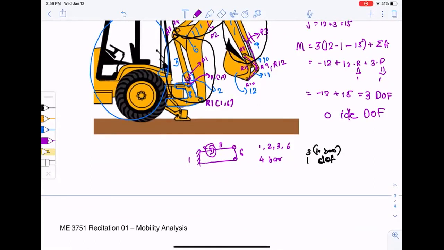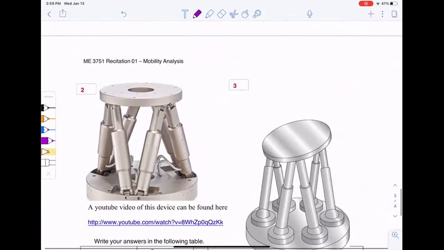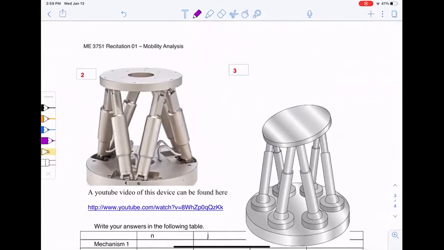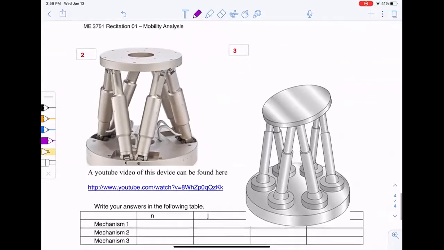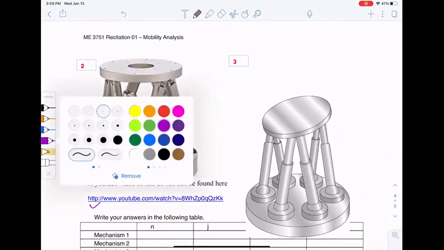Now let us move to the next part. So over here, this is a very famous piece of instrument. You can see the video of this instrument over this link. So let us just start with highlighting the number of links and number of joints in this case. So let me make one thing clear before going ahead.